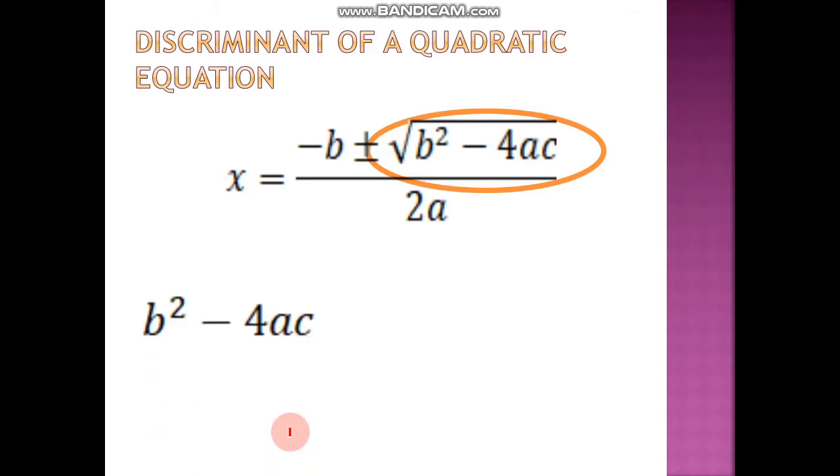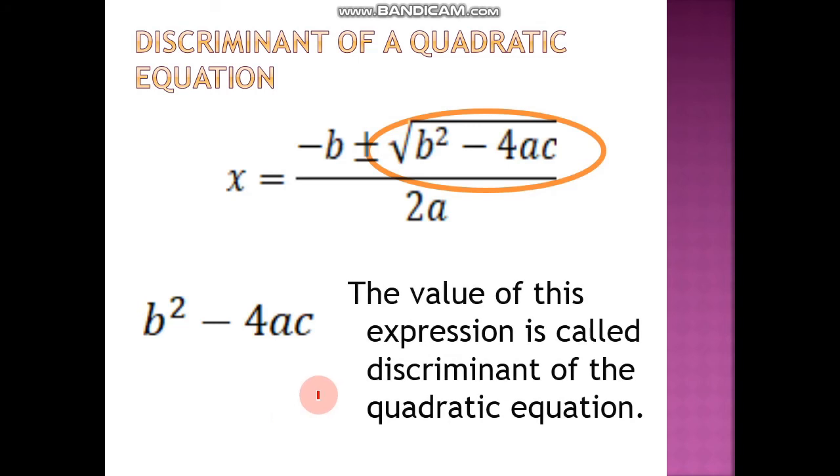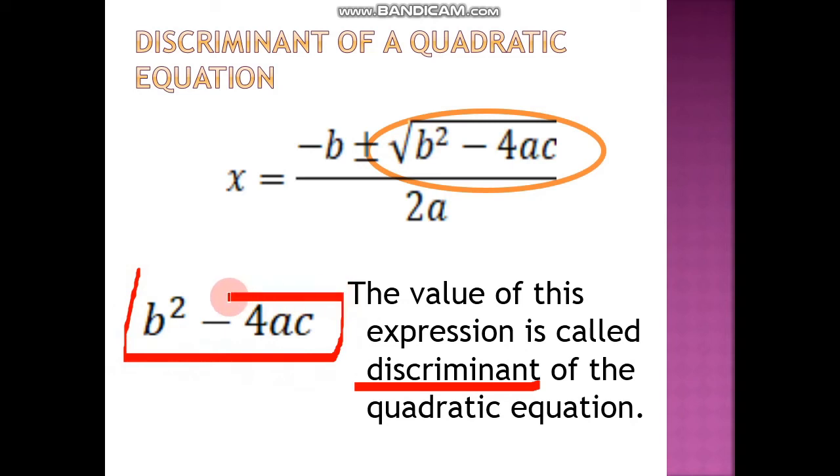So the value of the expression b squared minus 4ac is called the discriminant. Again, the value of this expression b squared minus 4ac is called the discriminant of the quadratic equation.